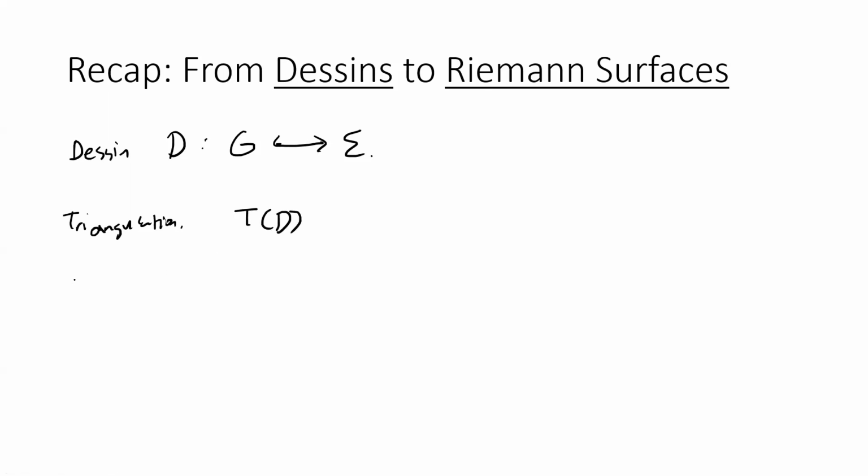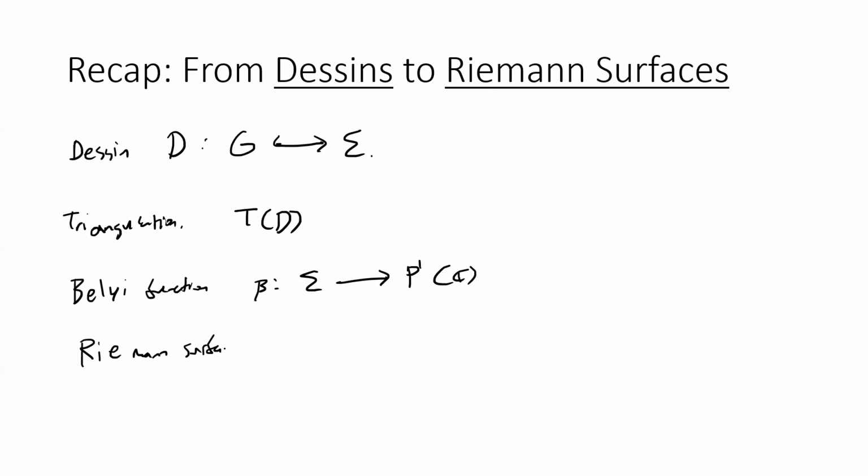And then from that, I got my Belyi function. This goes from the underlying surface to P1C. And then from that, I get my Riemann surface structure. And it's the structure that I want to put on sigma, such that this Belyi function becomes a holomorphic map between Riemann surfaces.